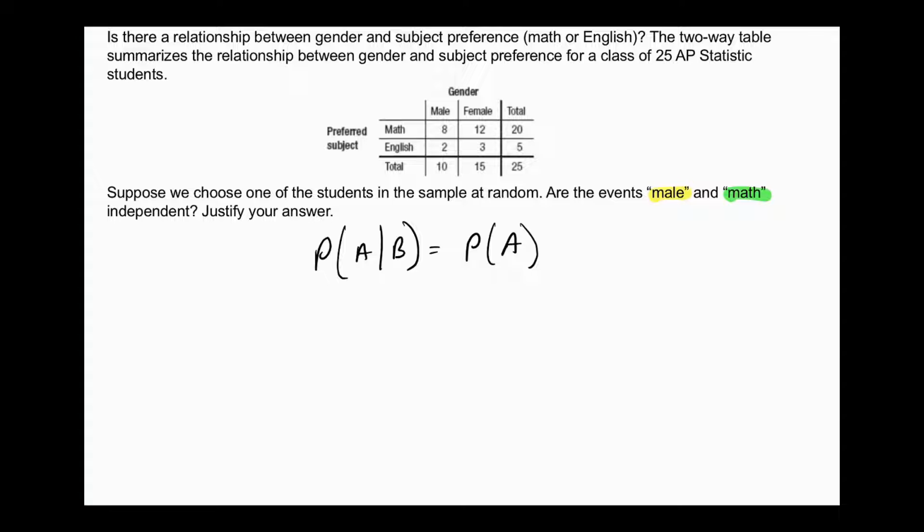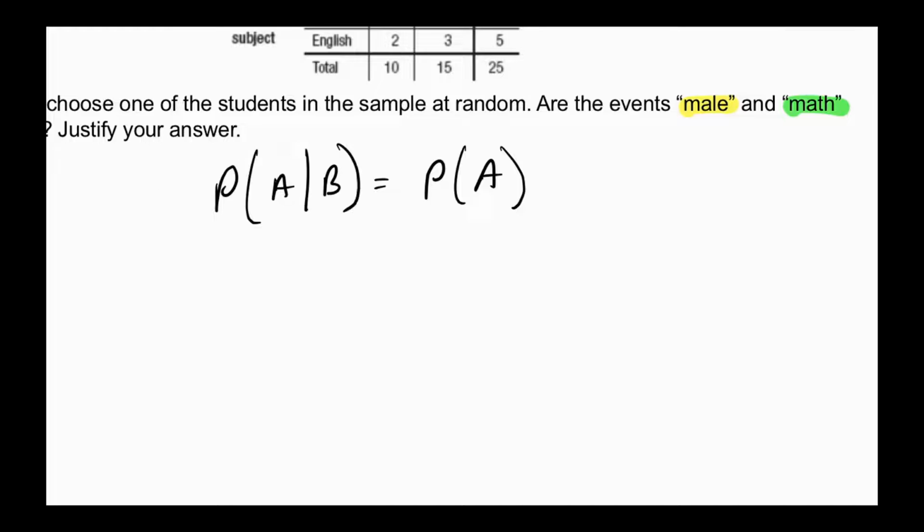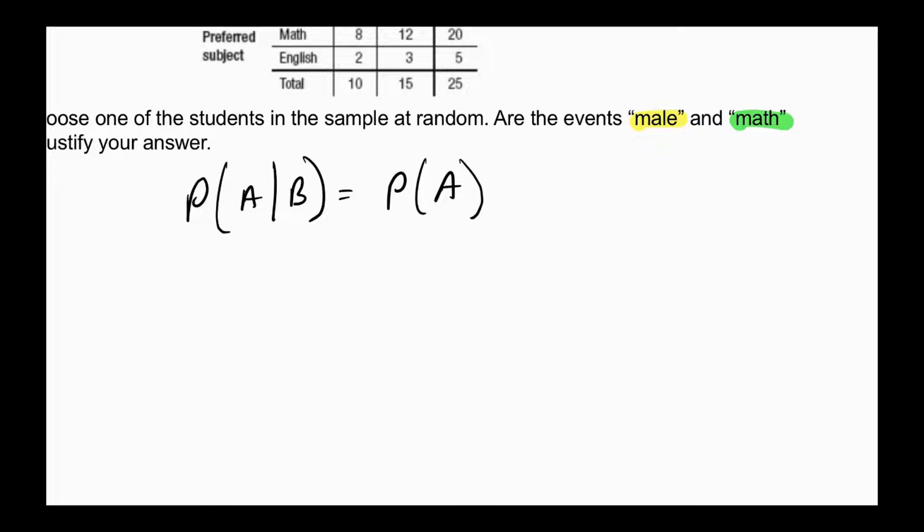So which one's A, which one's B, which one goes first, which one goes second? Or does it matter? Well, if it matters, it has to matter every time. If it doesn't matter, it doesn't matter anytime. I'm checking two variables, right? Math and male.